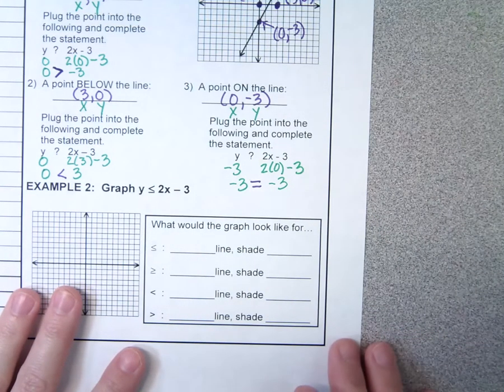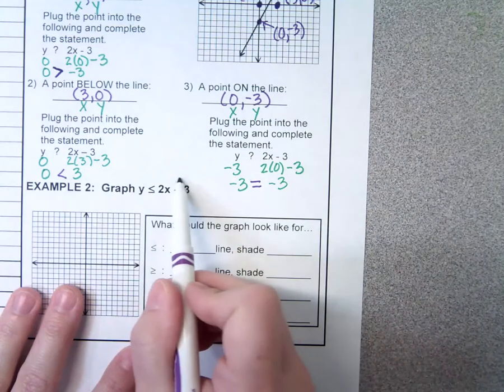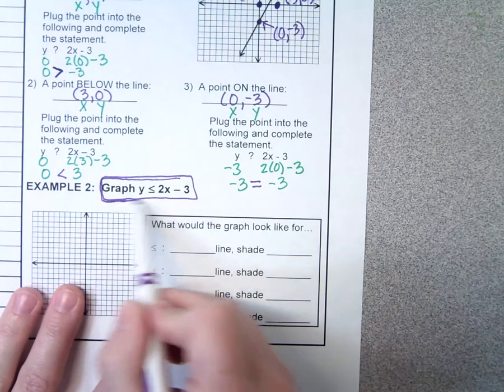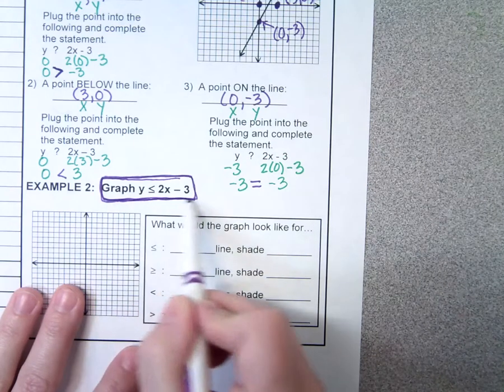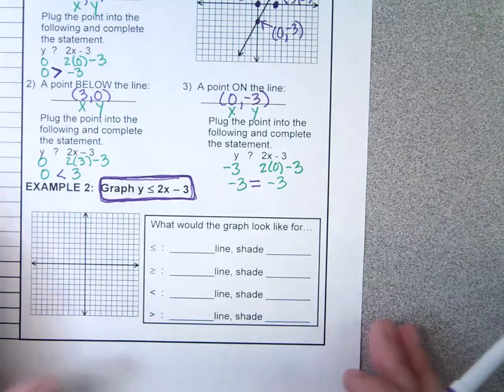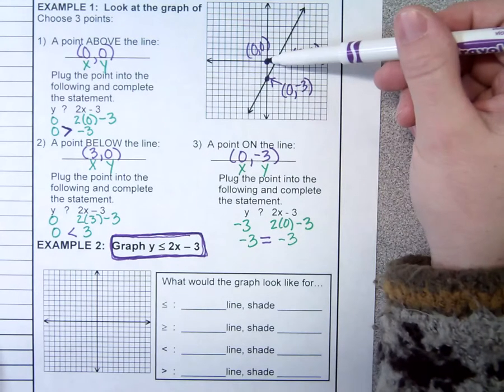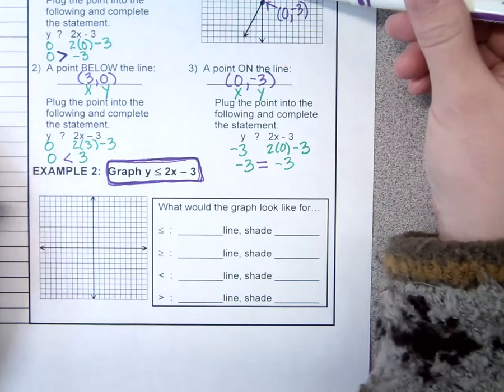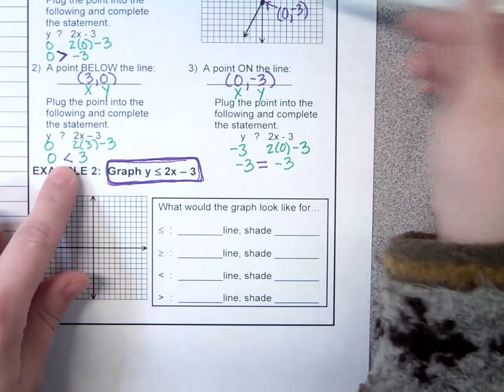So let's talk about what's going on here. This is the line that I actually want to graph. This is my ultimate goal here. So let's look at some things that happen here. I can see that when I get a point above the line, that's a greater than symbol. When I picked a point below the line, I got a less than symbol.